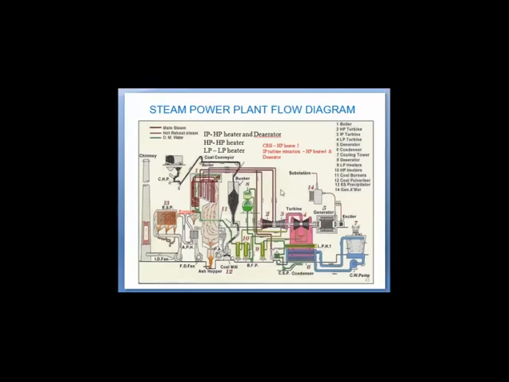The steam coming out from the HP turbine, which is also known as CRH, passes through the reheater, and from the reheater it comes out as hot reheat, which again attains the same temperature of 540 degrees centigrade as the main steam, at a pressure of 38 kg per centimeter square, and is sent to the IP turbine inlet.